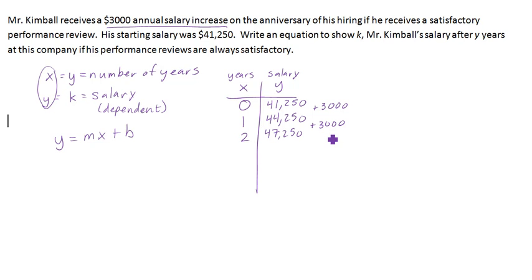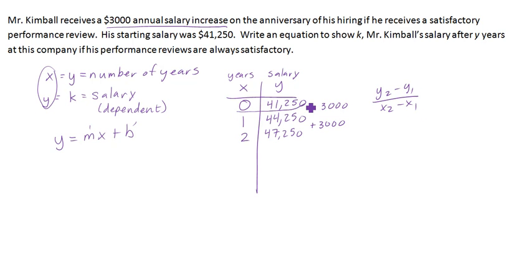Now from that point, we need to be able to get the slope and the y-intercept. Now you may recognize that this is going to be an arithmetic sequence where I have a constant difference of 3,000. So that would be our slope. If you didn't recognize that, however, we would just go y2 minus y1 over x2 minus x1. And so in order to do that, you would just take 2 points.